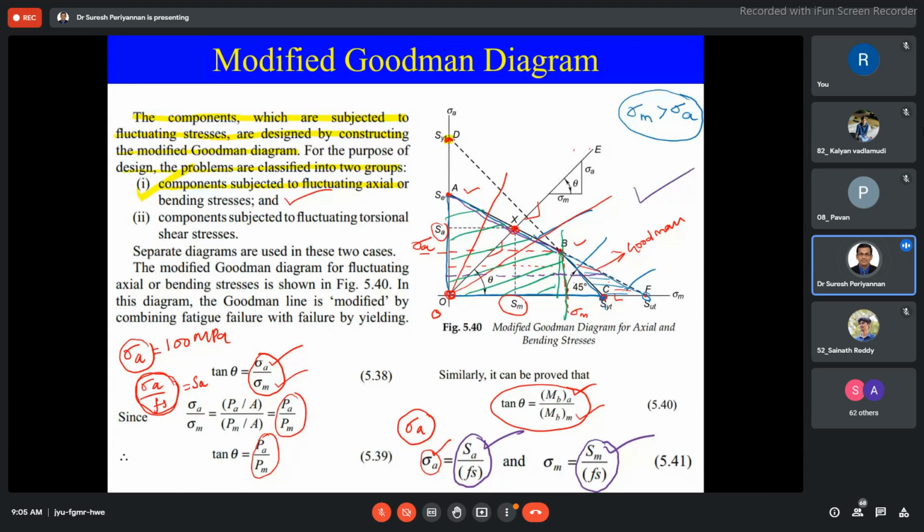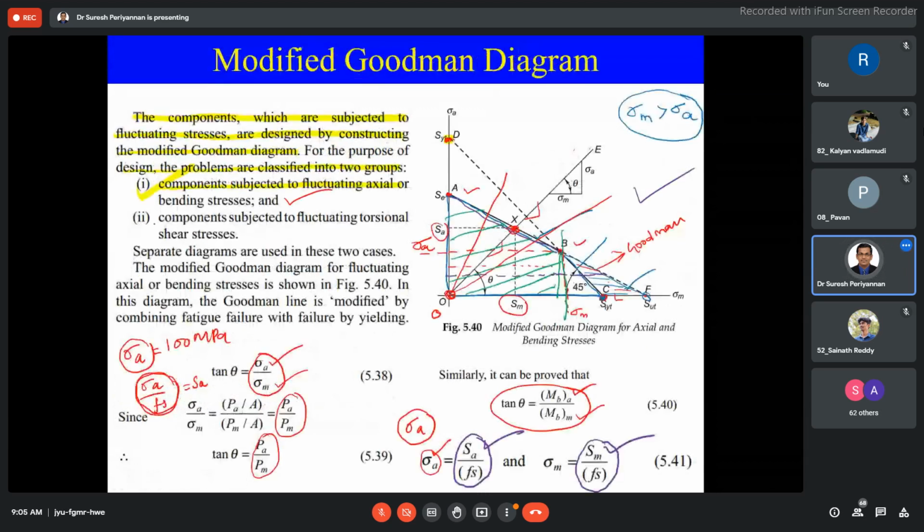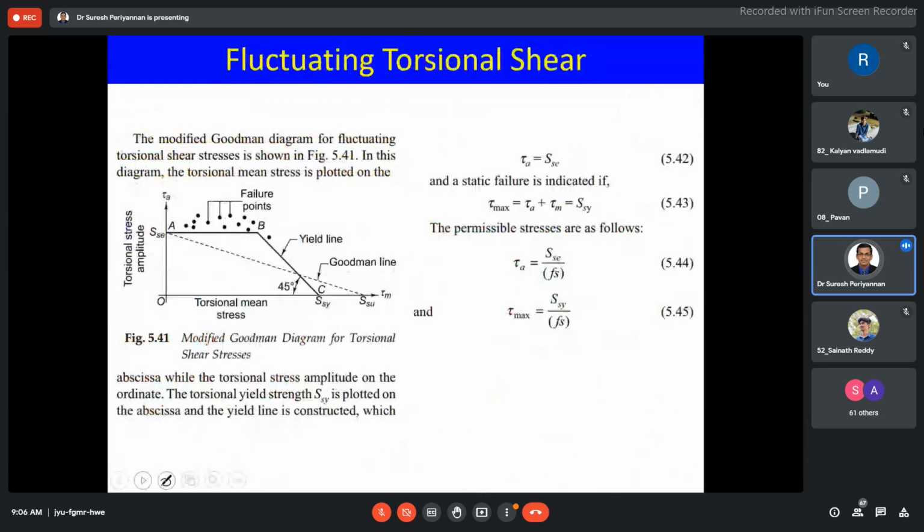Now I come to the second case, which we discussed: when the component is subjected to fluctuating torsional stress. In the fluctuating torsional stress, earlier we used the endurance limit strength SE.